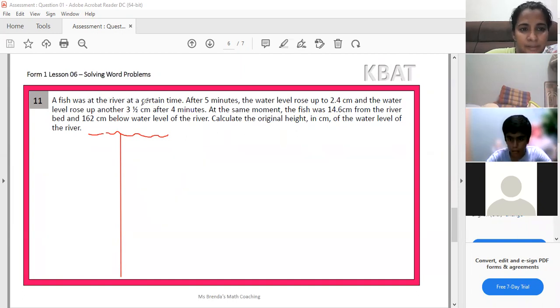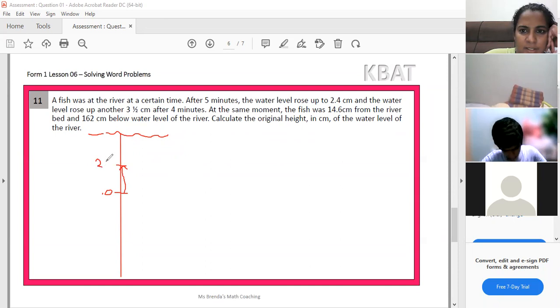A fish was at the river at a certain time. After 5 minutes, the water level rose up to 2.4 centimeters. So this is at 0. All right, where is 0? The water level rose up to 2.4 centimeters and rose up another 3.5 centimeters after 4 minutes.